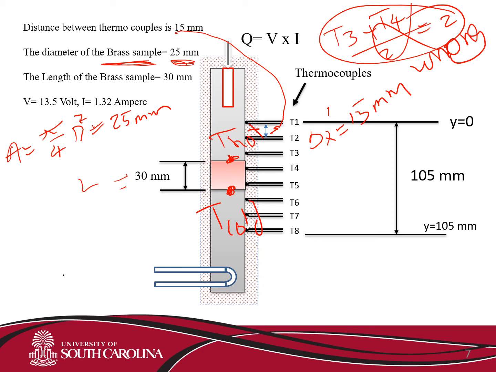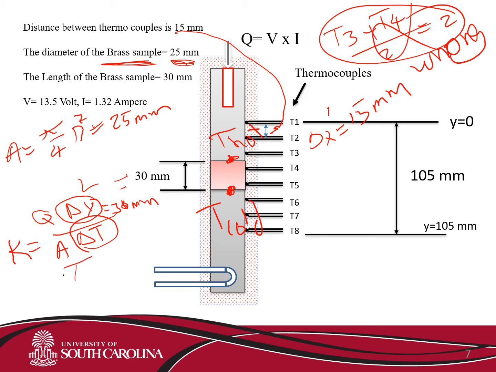To find the thermal conductivity, from the linear conduction, K equals Q delta Y over A cross-section delta T. So delta Y equals 30 millimeter, right? Delta T is T hot minus T cold, right?